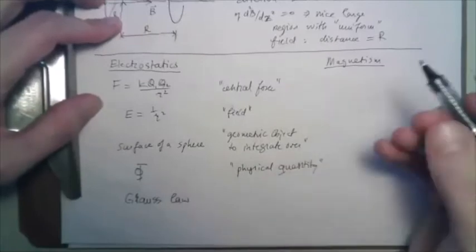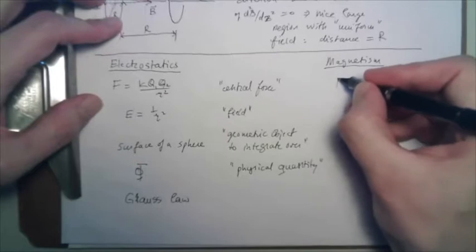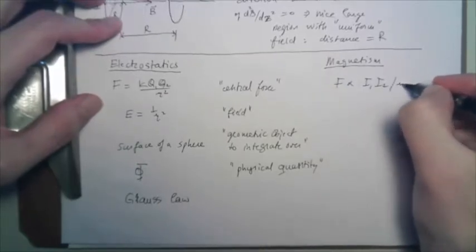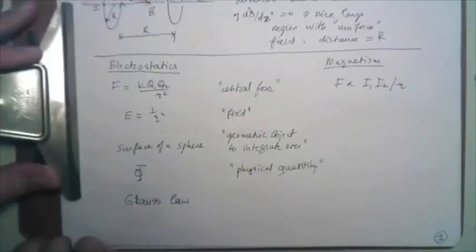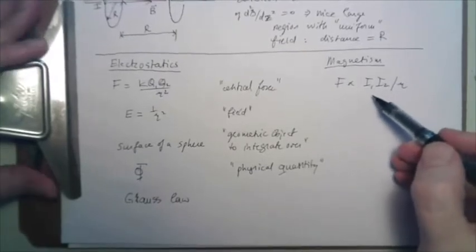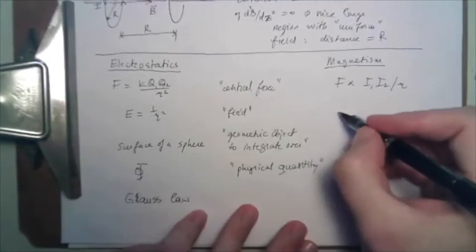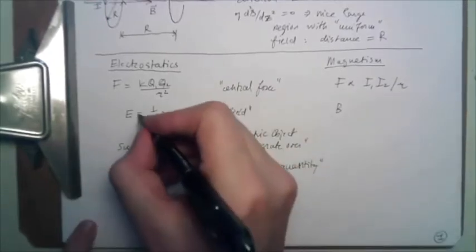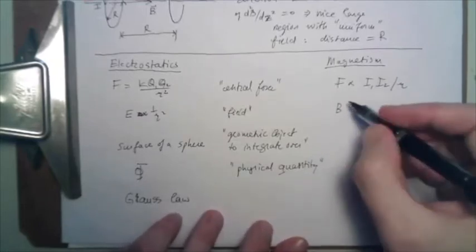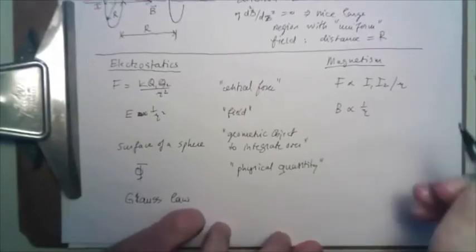In this case, the central force is proportional to both currents, I1, I2, and over R. That's for two really, really long wires. And now the field is the magnetic field of a single wire, right? So we pull these things apart, and the field is proportional to 1 over R.